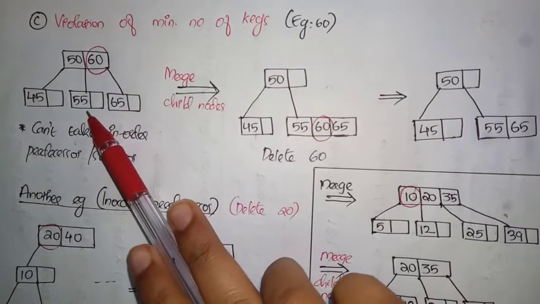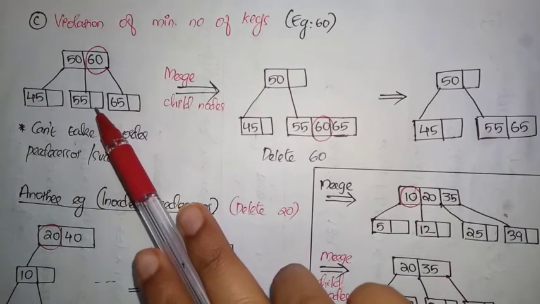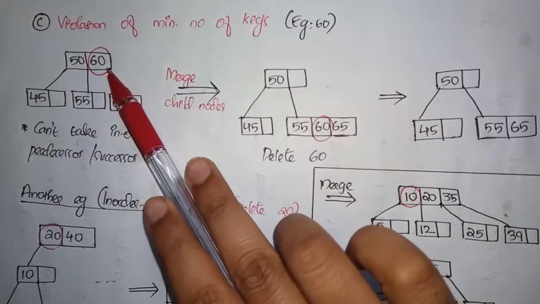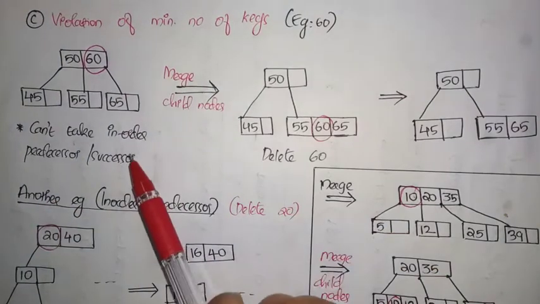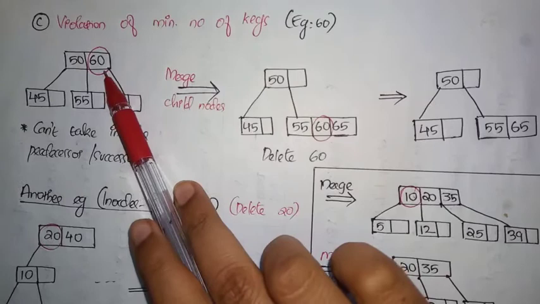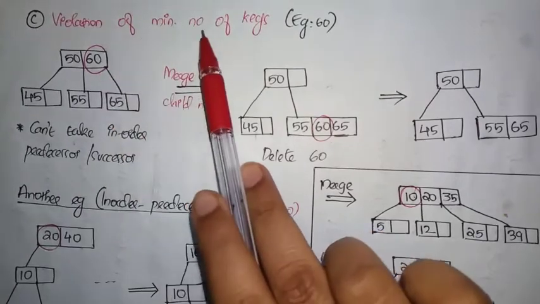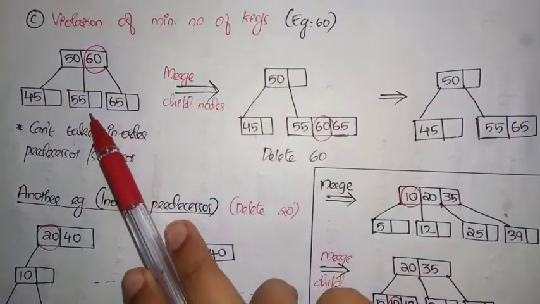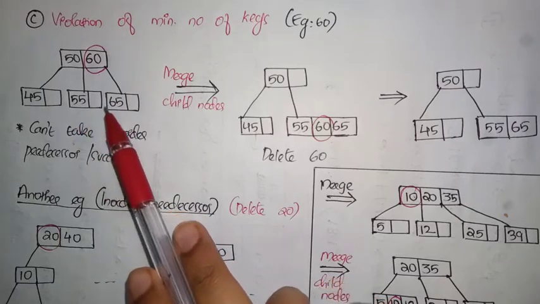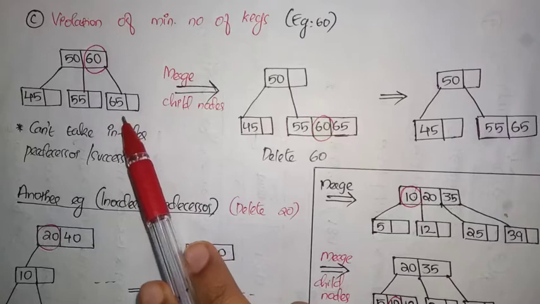So we cannot take the in-order predecessor or in-order successor for the deletion of this specific key 60, right? So in such a scenario, what will we do? That is the third case. If we delete a specific key, it will violate the minimum number of keys. Due to that condition, we cannot accept either the in-order predecessor or in-order successor.